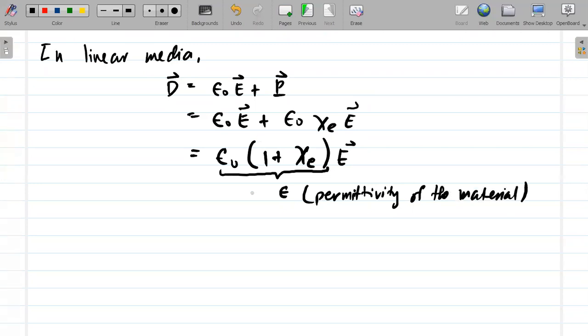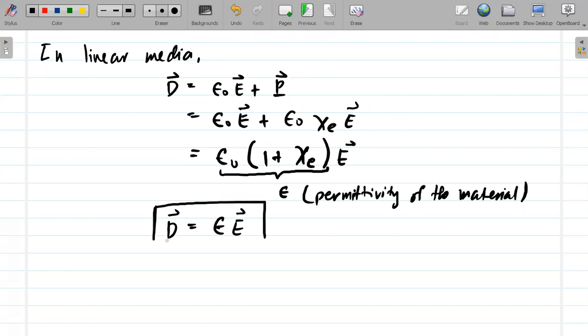Okay, class. Epsilon naught, permittivity ng vacuum. Epsilon, permittivity ng material. So now D is defined as epsilon E.